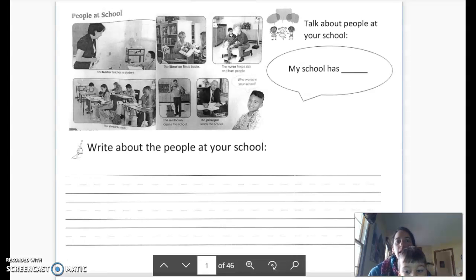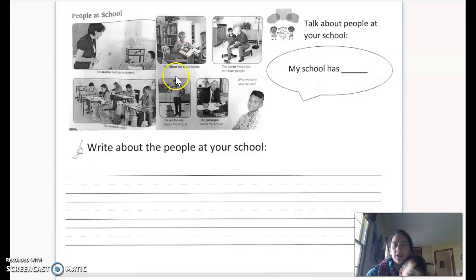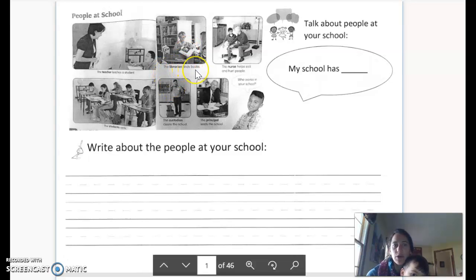Now we're going to go ahead and talk about some different people at our school and what they do. It says, people at school. In my picture I see, the teacher teaches a student. This is the librarian in the library. The librarian finds books.